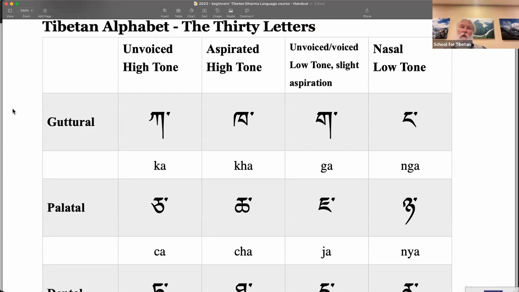Maybe you can decide if you want to do that or not, in the sense that it would give you something to learn, to practice, as you go on. But it is also something that is sort of very embryonic in terms of learning Tibetan language.